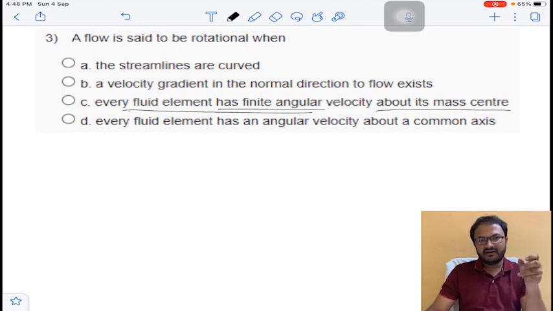When the element of fluid has finite angular velocity about its mass center, it is able to rotate about its mass center. Then the type of flow we call rotational flow. So option C for question number 3.